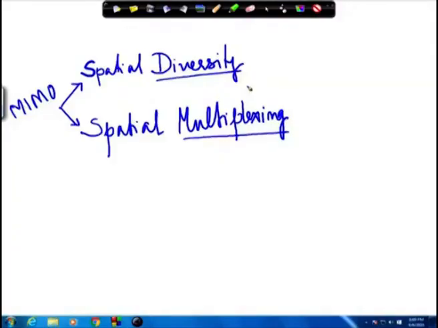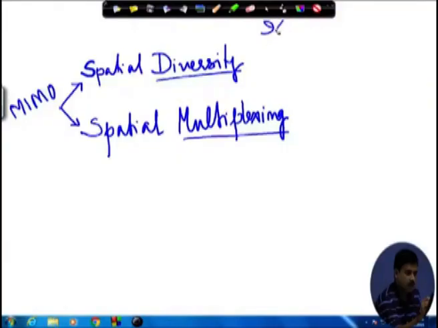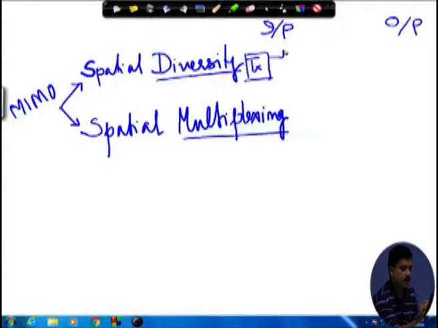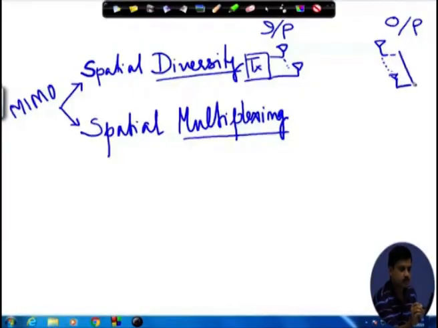When we look at diversity, it is basically spatial diversity. We have the input side and we have the output. When I say input, that means the transmitter. We have the transmitter side enabled with multiple antennas, and the receiver side also enabled with multiple antennas. So that's the transmitter and the receiver. As we have seen, we have many channels.